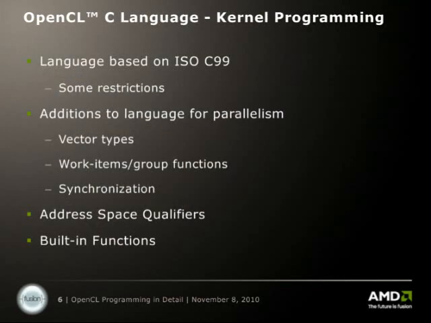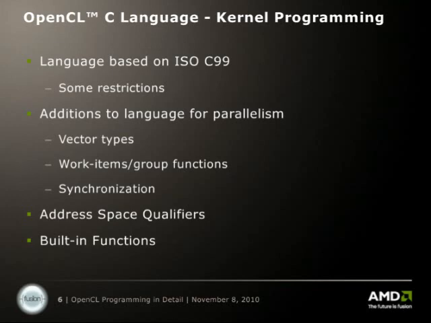So as far as the C language extension that you'll use for kernel programming, it's based on ISO C99 with some restrictions. And there are also some additions to the language to support parallelism. For example, there's an introduction of vector data types, which map to many of the types of devices that you'll want to program.